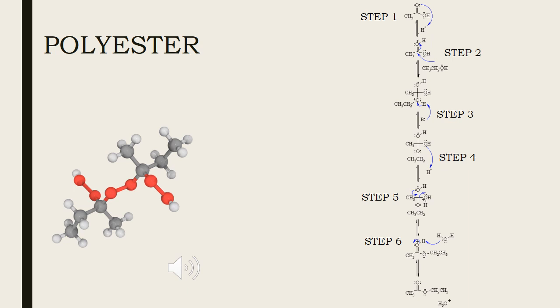Step 4 is also an acid-base reaction which makes OH leave by converting it into a good leaving group through protonation. Step 5 uses the electrons of an adjacent oxygen to help push out the leaving group, a water molecule.